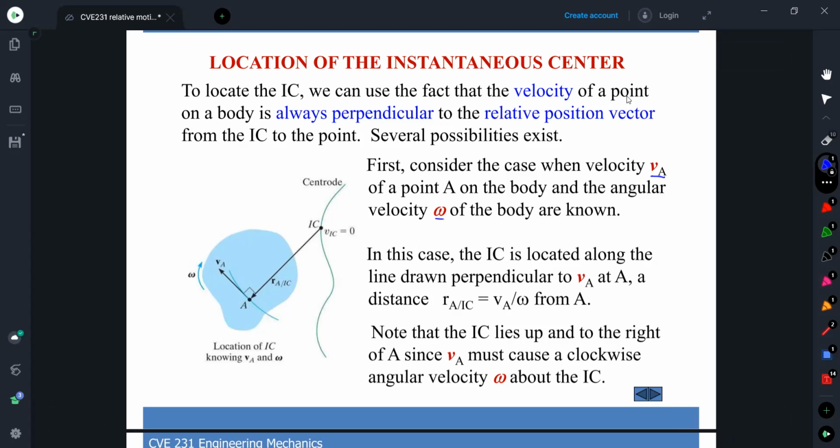In this case, IC is located along the line drawn perpendicular to VA. The point is located at a distance RA sub IC, which is determined by dividing the velocity VA by omega. Now we can locate IC.